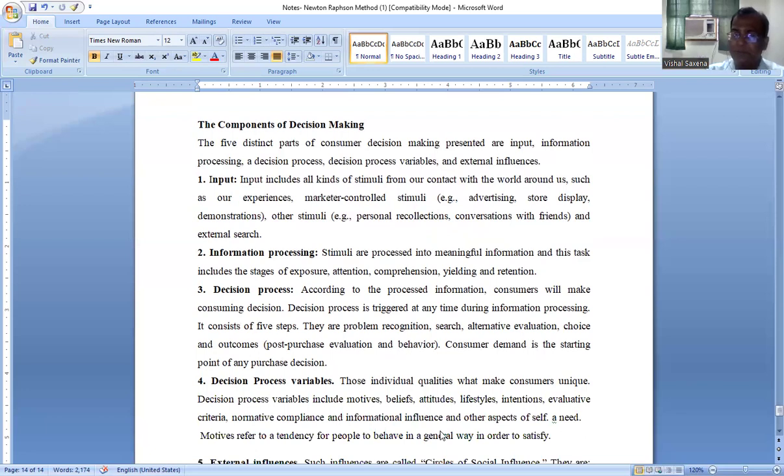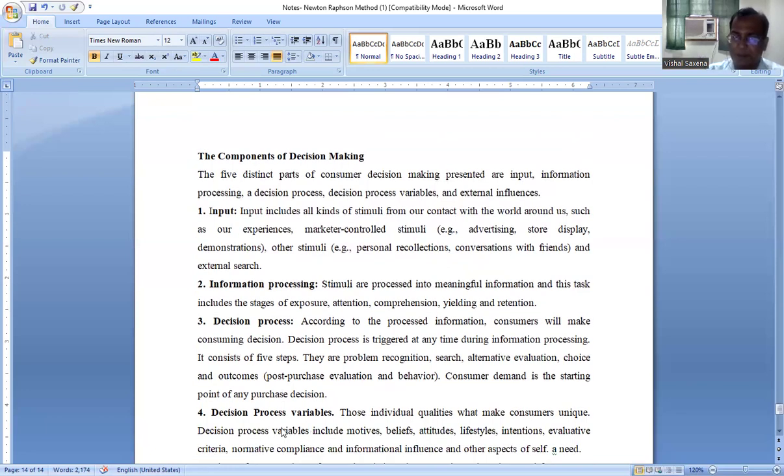Now, decision process variables: those individual qualities that make consumers unique. Decision process variables include motives, beliefs, attitudes, lifestyle, intentions, evaluative criteria, normative compliance, informational influence, and other aspects of self and need.